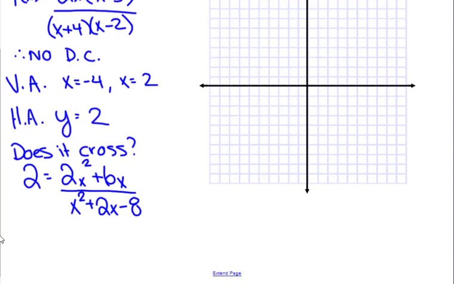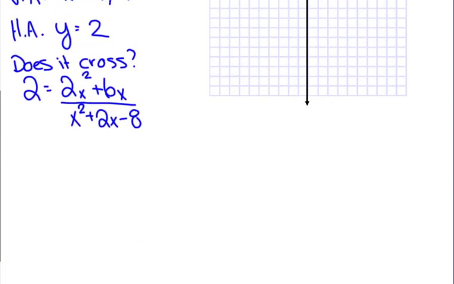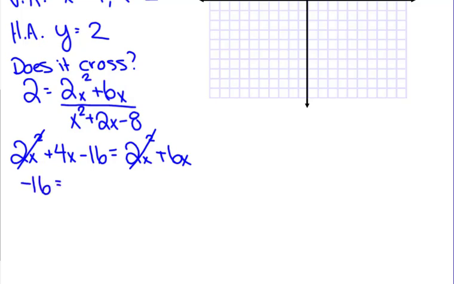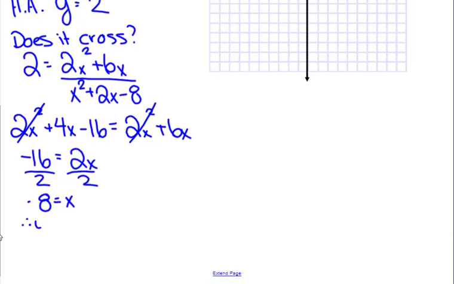Well, if I multiply both sides by x² + 2x - 8, I get 2x² + 4x - 16 is equal to 2x² + 6x. Well, my 2x² cancel out, and I'm left with -16 is equal to 2x, divide by 2, and I get -8 is equal to x. So in this case, yes, it does cross. And it crosses at (-8, 2).